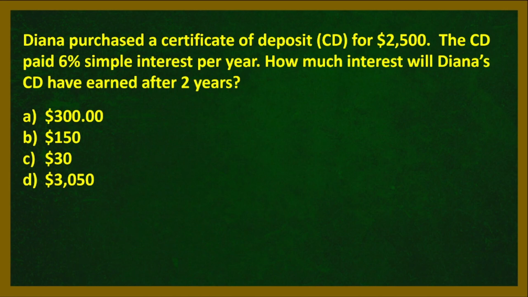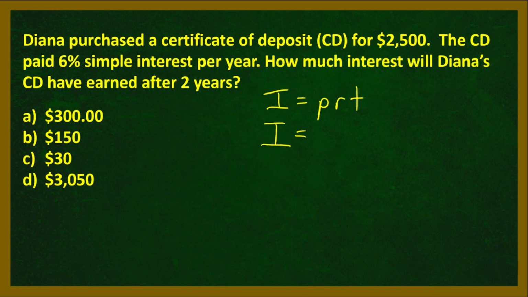Okay, so there is a formula for solving simple interest. And that formula is I equals PRT. Of course, the I represents the interest. Now the P represents the principal amount.